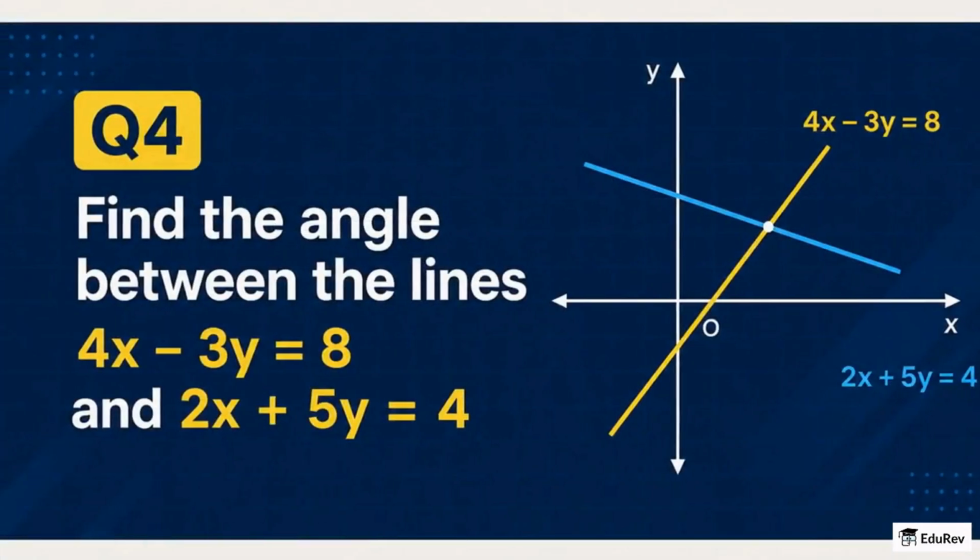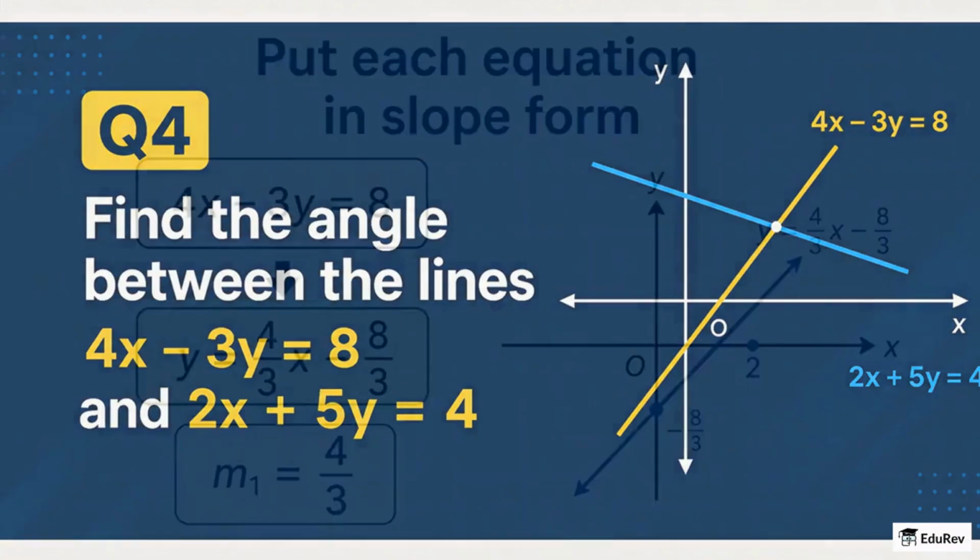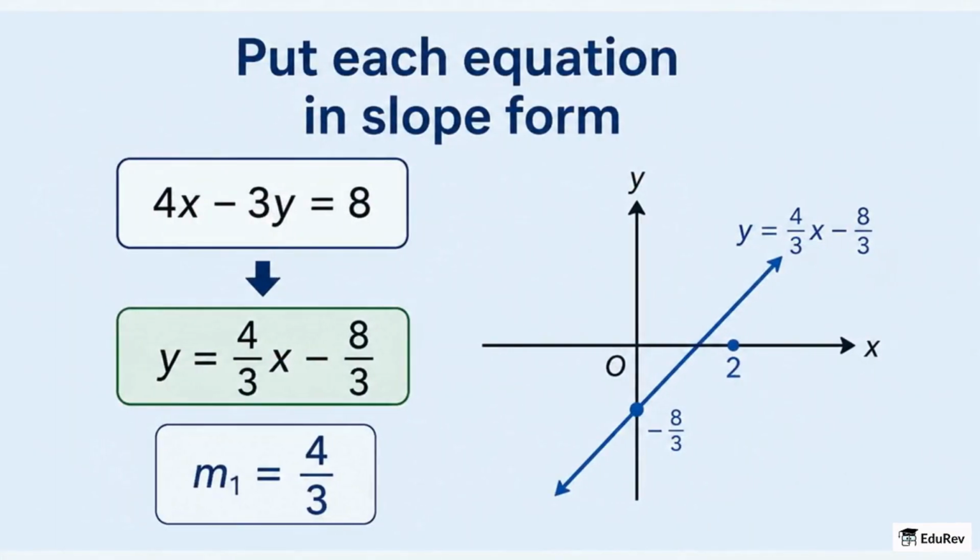Question number 4 asks, find the angle between the lines 4x minus 3y equals 8 and 2x plus 5y equals 4. First, put each equation into slope form. Solve. 3y equals 4x minus 8, so y equals (4 divided by 3)x minus 8 divided by 3, and m1 equals 4 divided by 3.